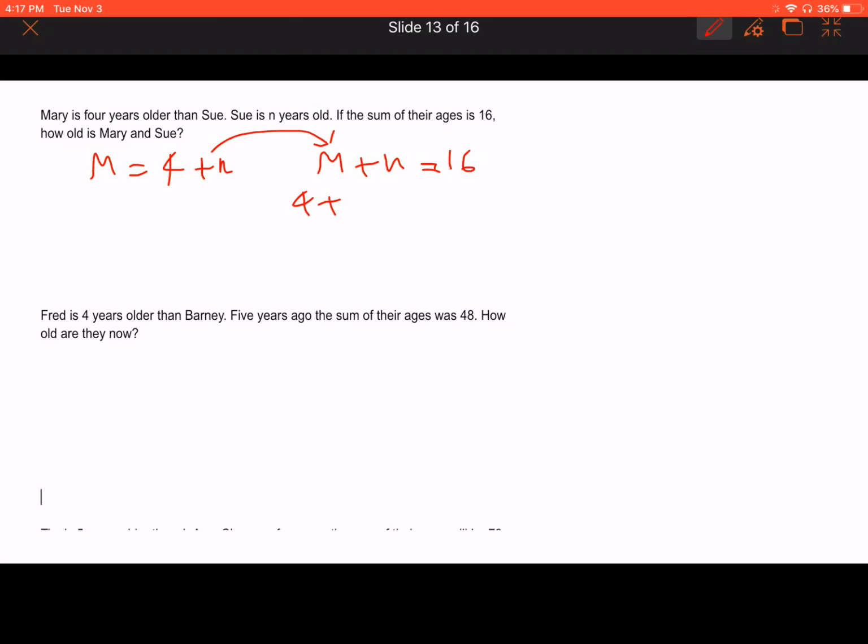So 4 plus 9 plus 7 is equal to 16. So 2n equals 20, n equals 10. So this is the age of Sue. We're also asking for the age of Mary. So the age of Mary is 4 years plus Sue's age, that is 10. So Mary is going to be 14 and Sue is going to be 10.